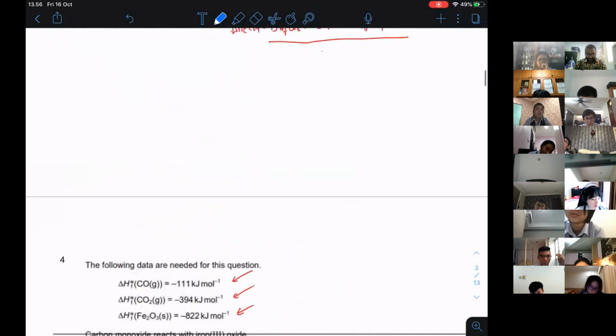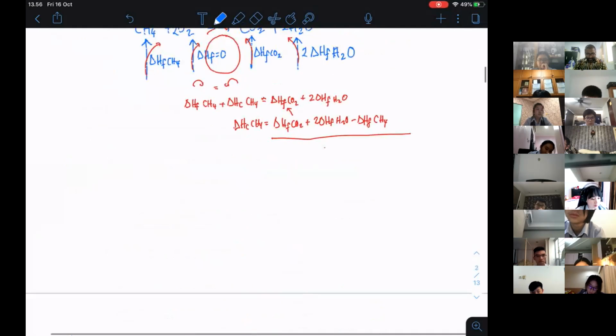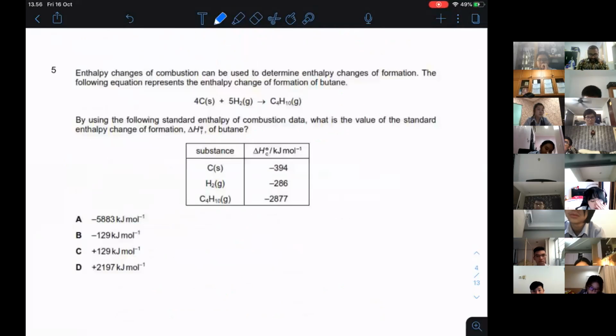Let's see other questions. Here they want you to calculate enthalpy change of formation, but they have given you combustion. For combustion, do not use the same method.